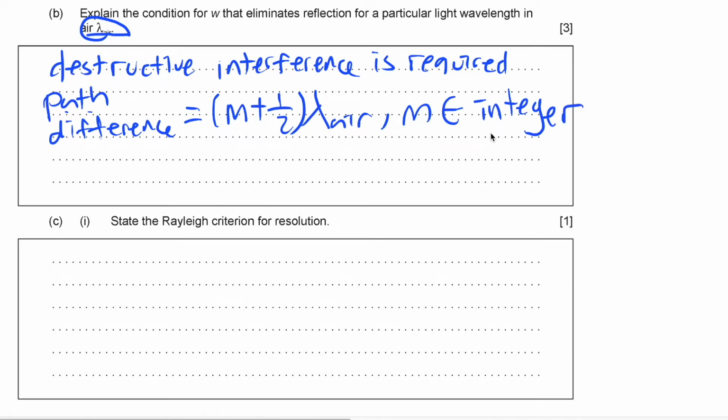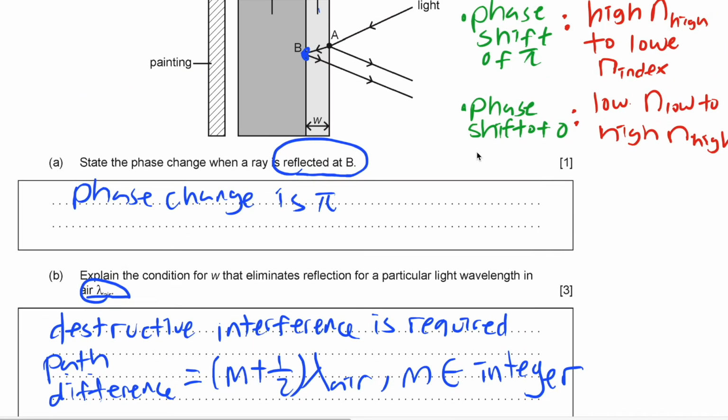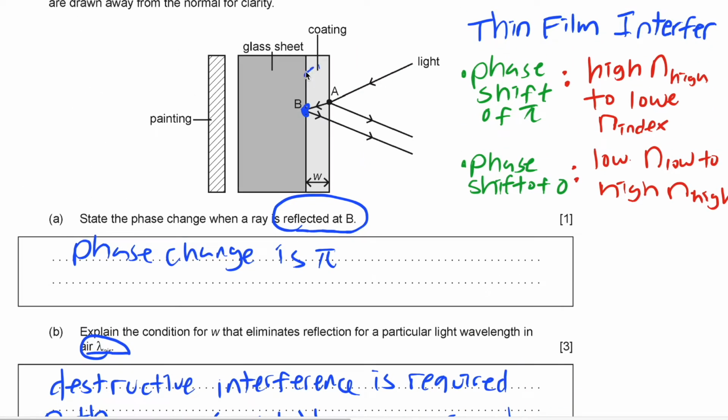Right? And we also know for thin film interference, the path difference is equal to 2d multiplied by the refractive index of the coating.